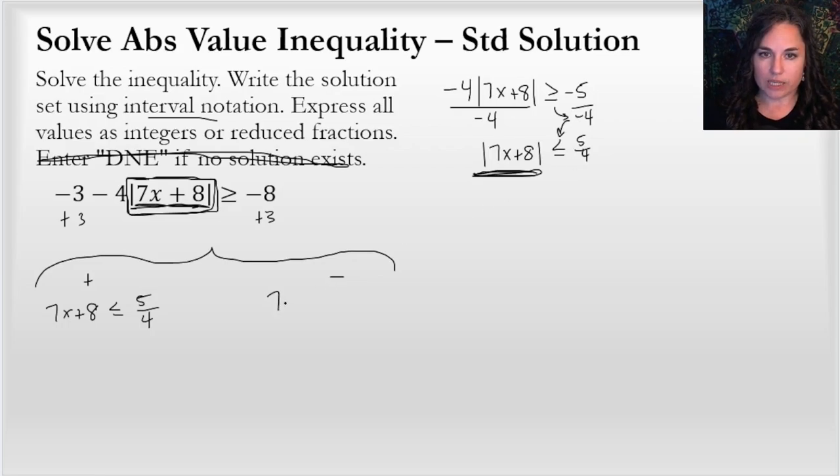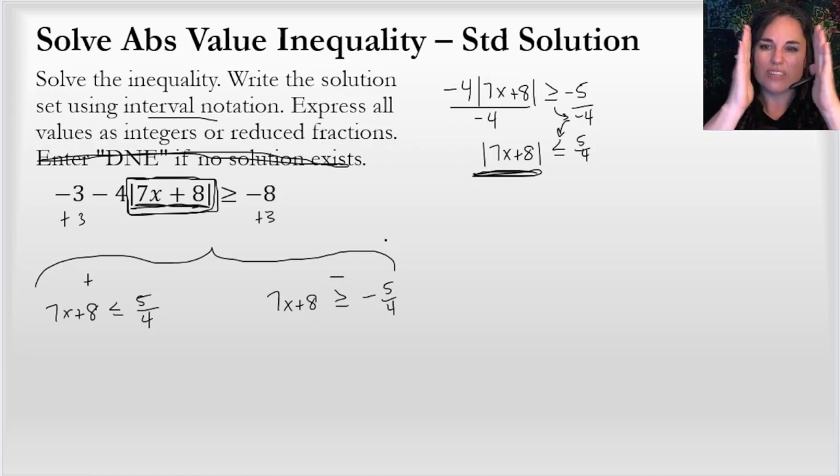So I'm going to keep the 7x plus 8, change the direction of the inequality, and then make this negative 5/4. It can be less than 5/4 or greater than negative 5/4. And if that's making sense in your head, it seems to me that we're going to have a single region on that graph where that is going to be a true statement.